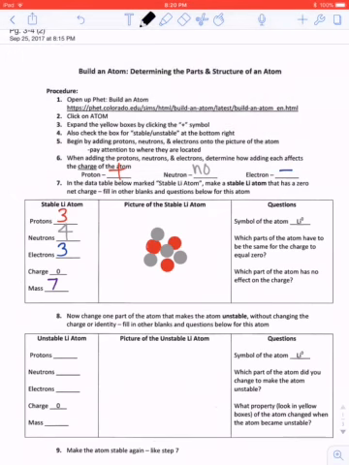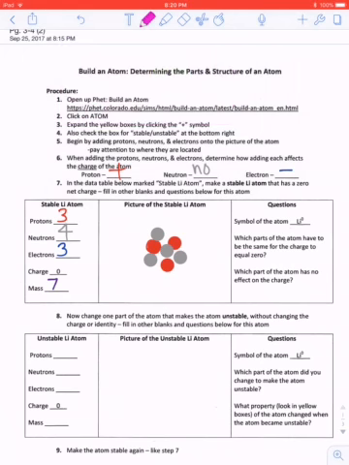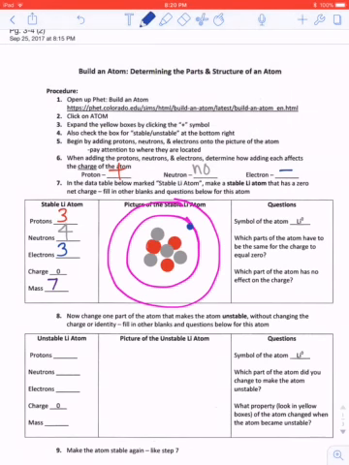And then electrons are on the outside here. Let me draw it. Oh, apparently it's pink now. Cool. Anyway, it has 3 electrons, and they are a little bit smaller. So they go here, 2 on this orbital, and 1 on the outside orbital.